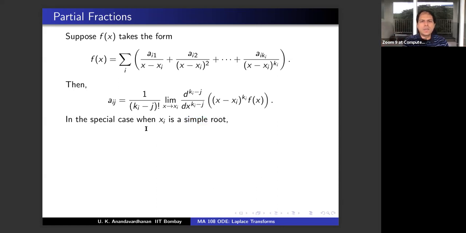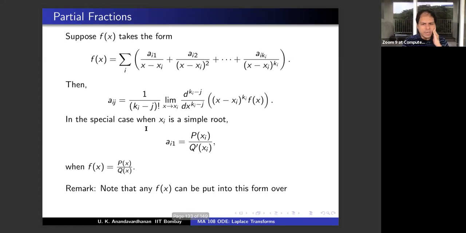So if xi is a simple root, this will be of this form, where f(x) is p(x) by q(x). Here is one more method using derivative. I will discuss this in the next class, but you can read it in the slides.